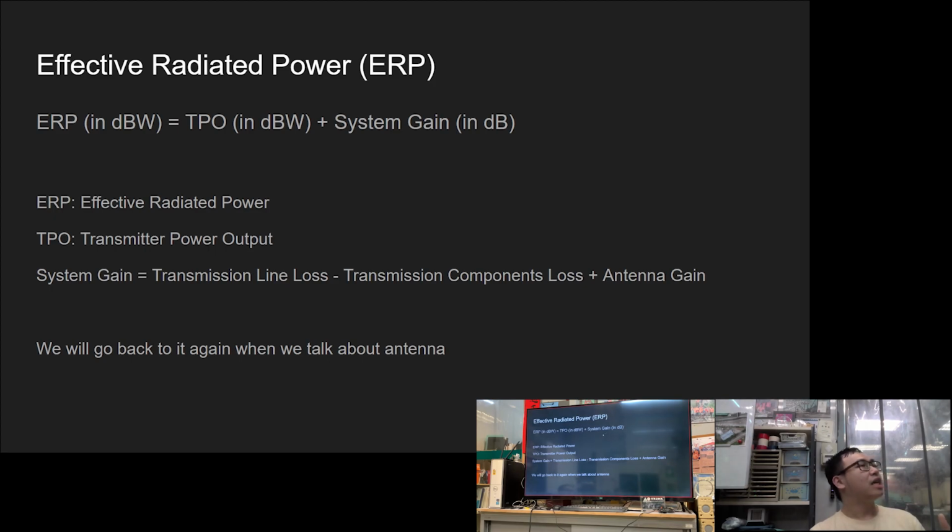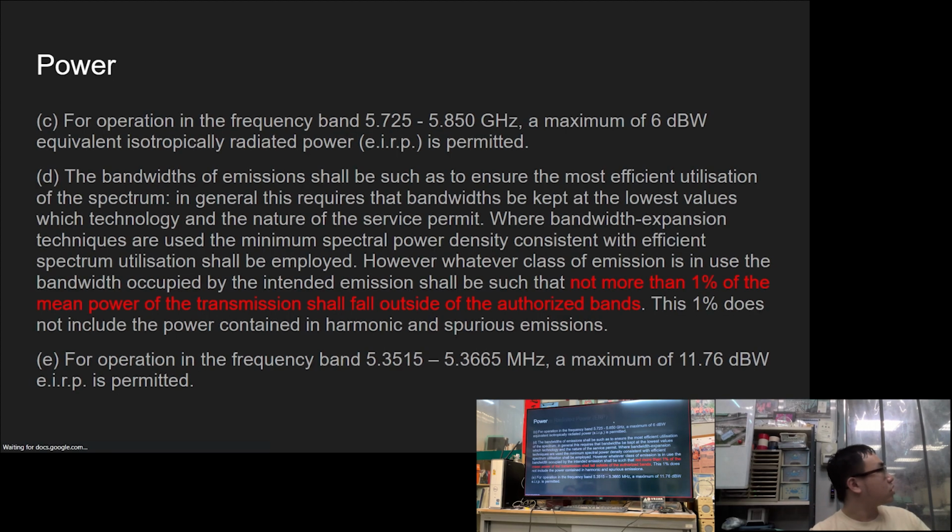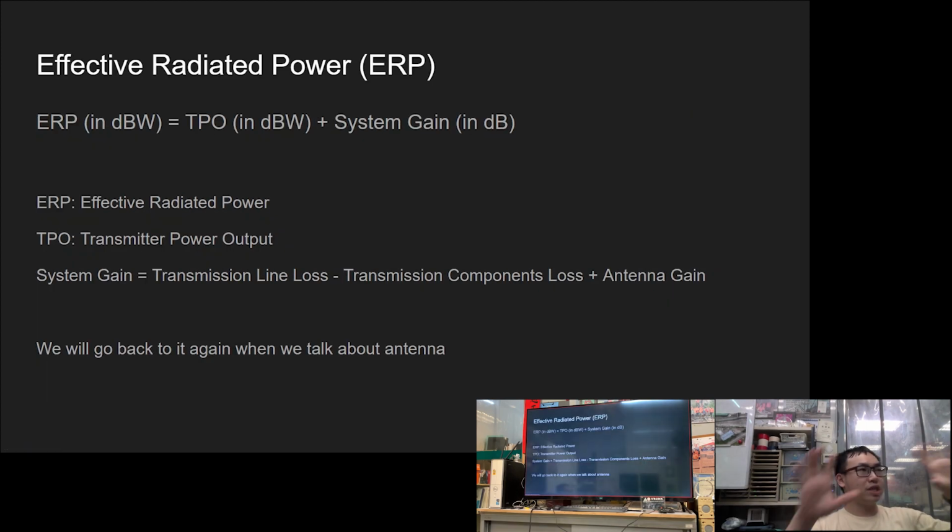You haven't calculated your antenna. If the antenna is not isotropic, like a donut shape, but has direction, pointing to some directions, we say that this kind of antenna has a gain, like a Yagi antenna or dipole antenna. They also have gain.